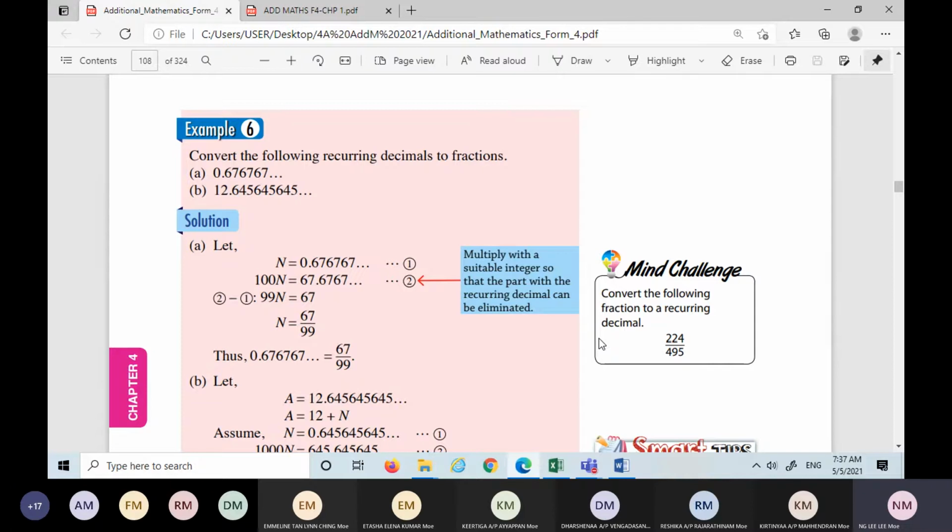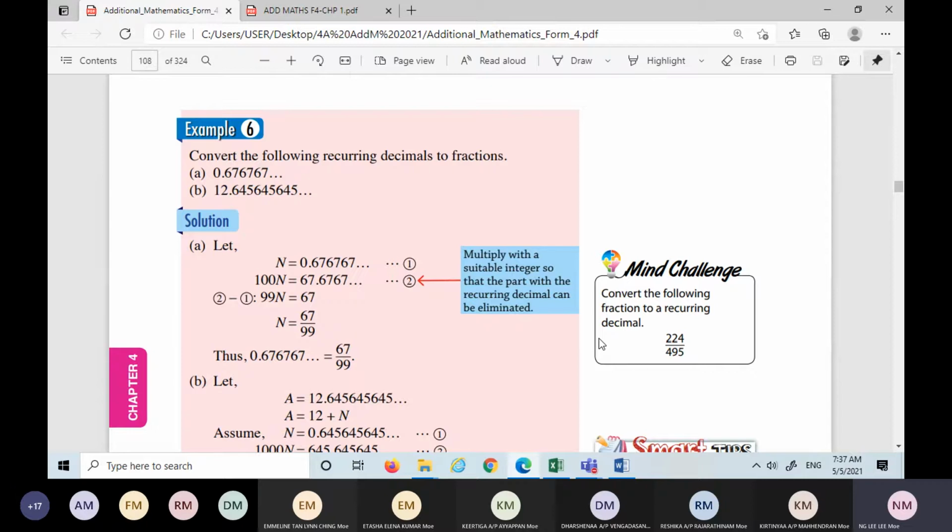So here you are using this method, and afterwards in another topic you will use another method. If it comes out in the exam and they don't mention which method, you can just use either method. Okay, let us start.